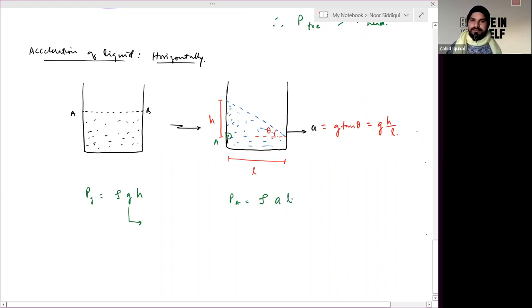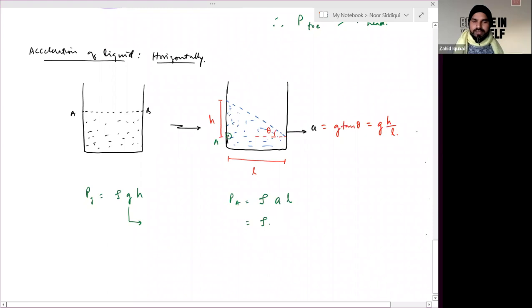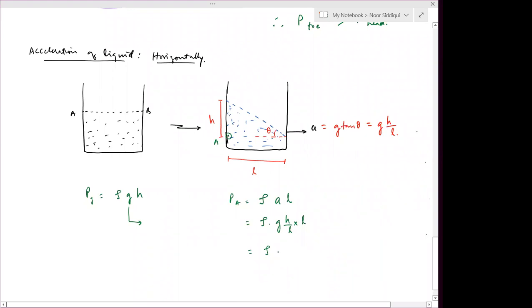Is it clear? Yes, sir. So rho, just convert this A by G tan theta or G times H by L. So G times H by L multiplied by L. So L and L cancel out. Sir, why are you converting it into G into H by L?